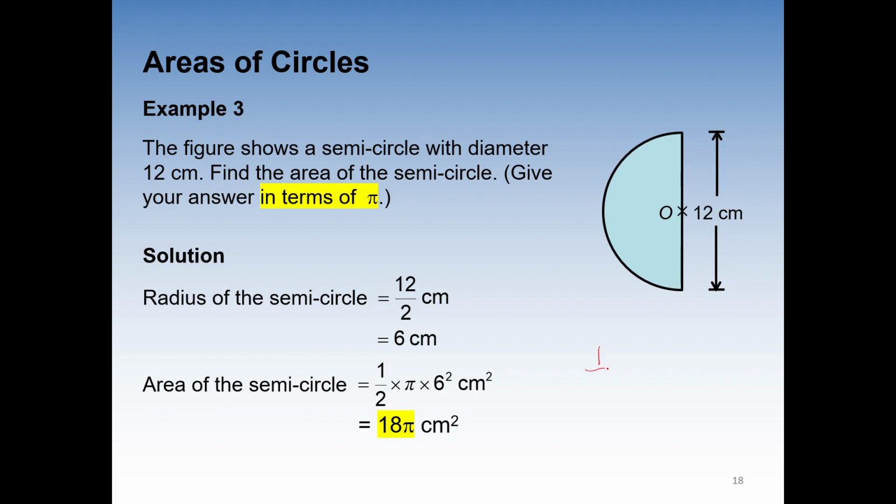So in this case, that is 1 over 2 times 6 squared. That is the numerical part. And then leave the pi in your answer. So when you calculate the numerical part, you get 18. So please leave the pi together with the 18 as your final answer.